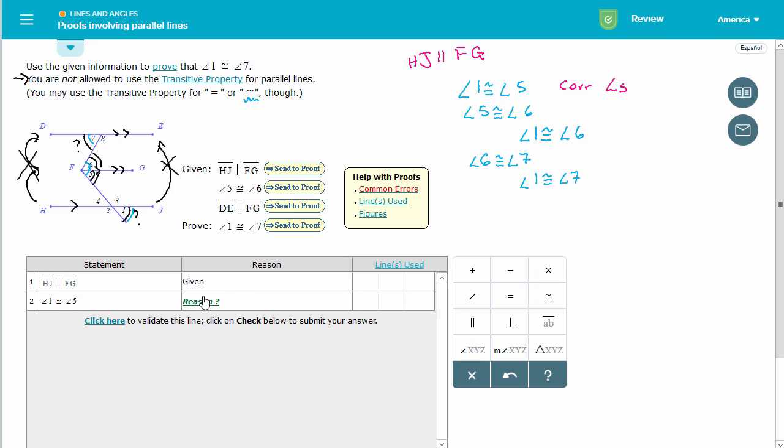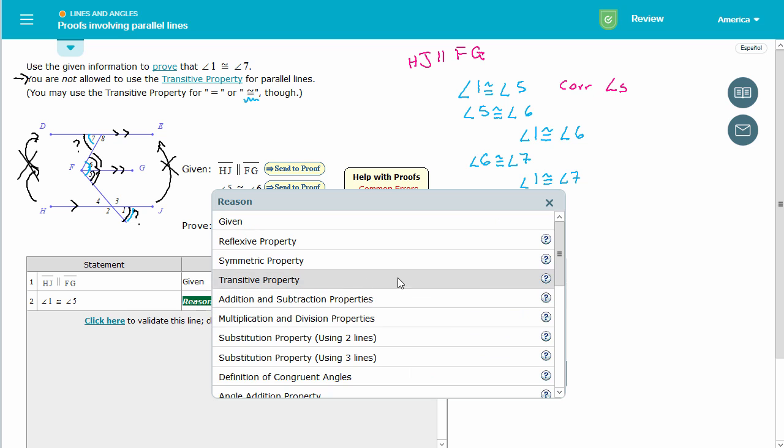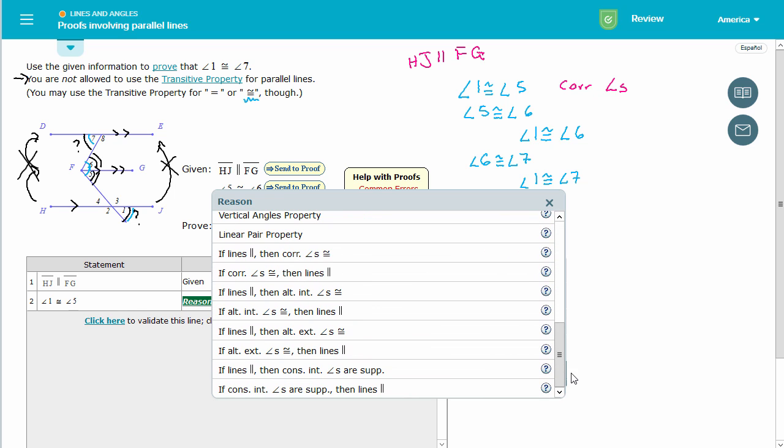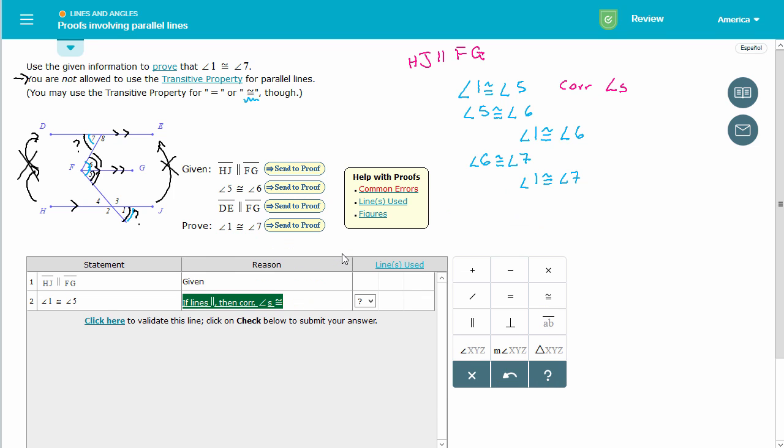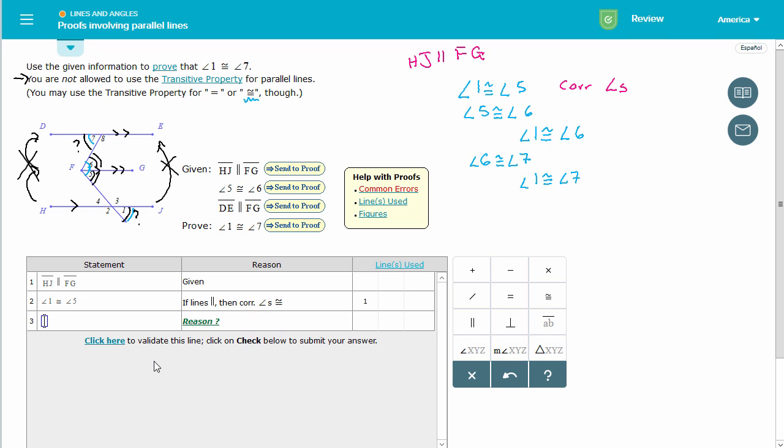I'm just typing that in because if lines are parallel, then corresponding angles are congruent. Notice this line's used. I need to be able to say that line 1 told me that the lines are parallel. Validate that line. Alright, that line worked.